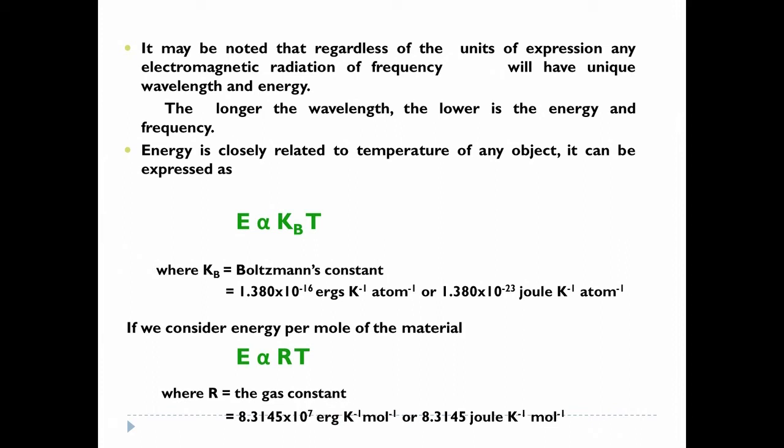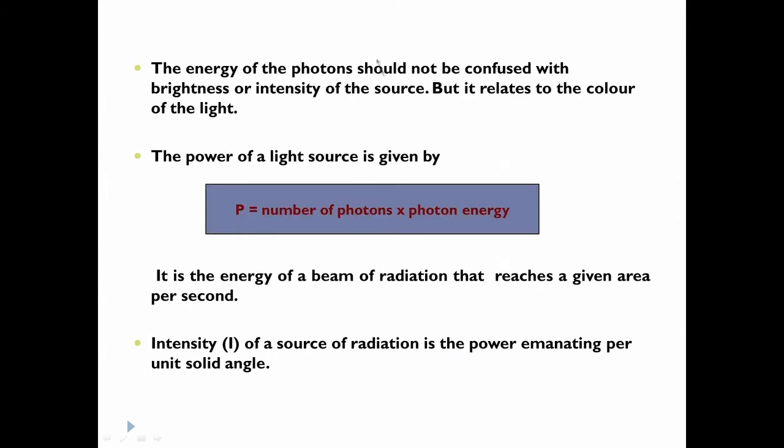So, this is the relationship between the energy of an electromagnetic radiation when it interacts with 1 mole of the substance. The energy of the photons should not be confused with the brightness or intensity of the source. Okay, this is very important. Quite often people confuse the energy of the photons with the intensity.